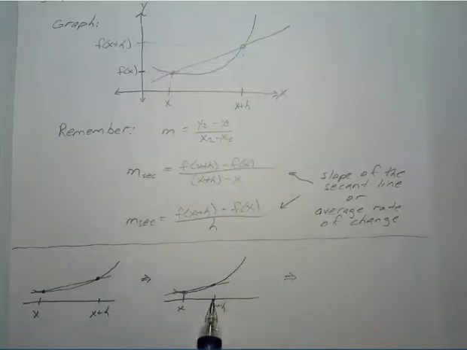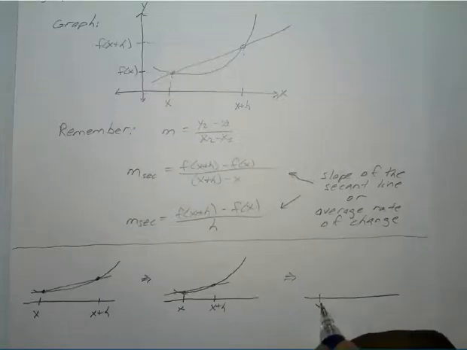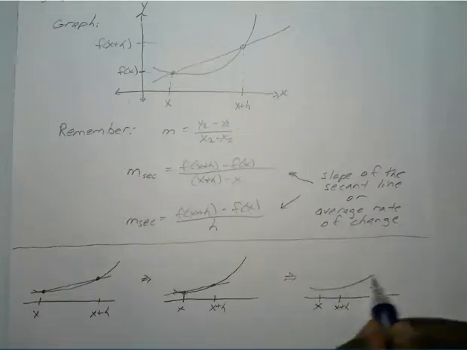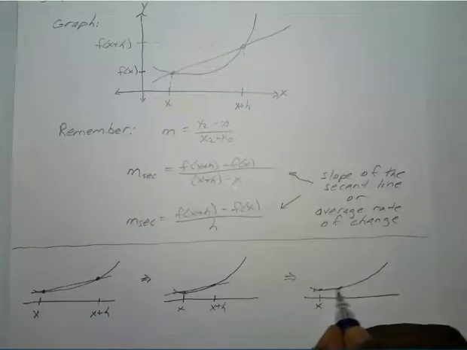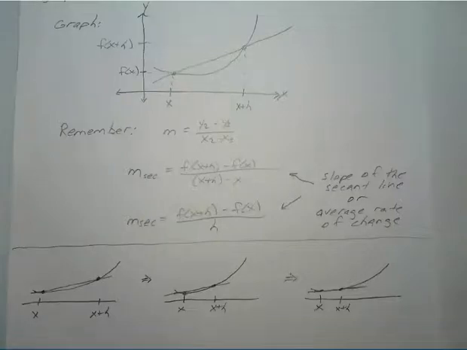What if we take that x plus h and move it even closer? We have our x, and this is our x plus h on our graph. So our slope is even closer, and that line goes through those two points. We just keep moving it closer and closer, almost infinitely closer to each other.